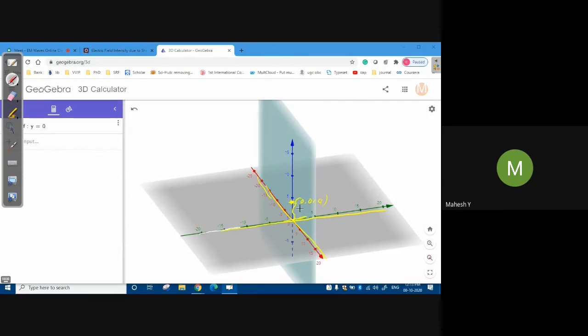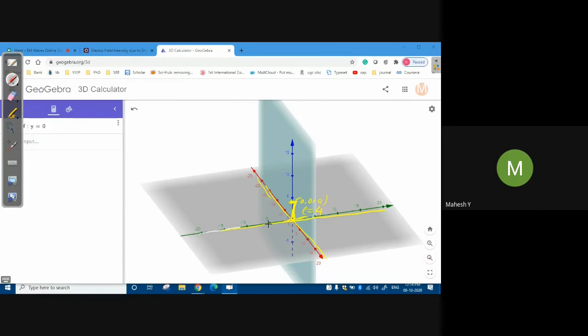Can anybody tell me the value of this length, from (0, 0, 4) to this point, the perpendicular distance? That is the rho. Rho equal to how much? 4, correct. So rho equal to 4.